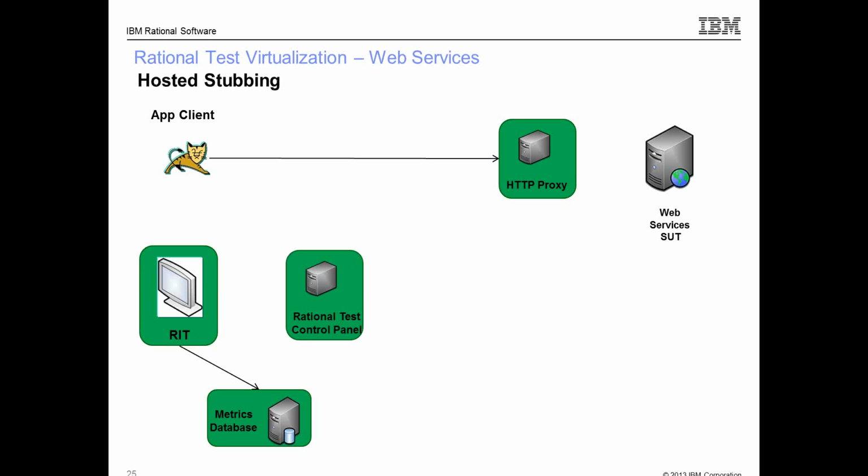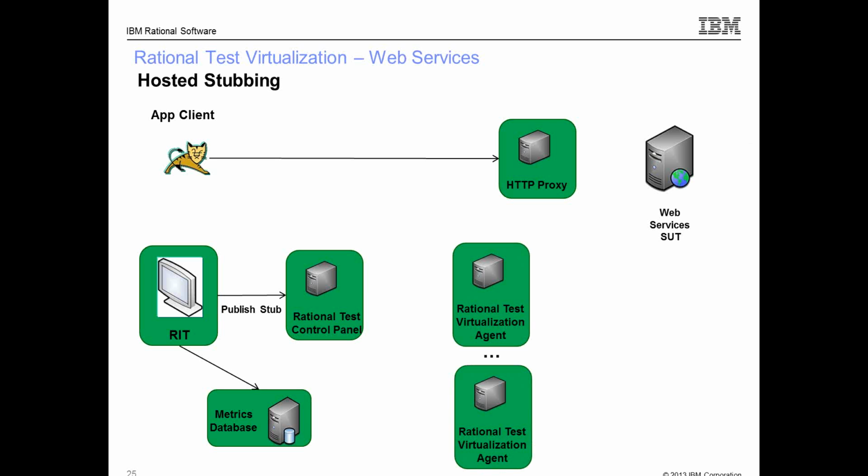Now hosted stubbing is a case where you want this virtual service that you created to be available to multiple teams, multiple different individuals. So this is where we introduce the concept of the test control panel. So RIT has the information, it has the request response message pairs, it knows what is expected. So it creates a stub out of this and it publishes the stub to what is called the control panel.